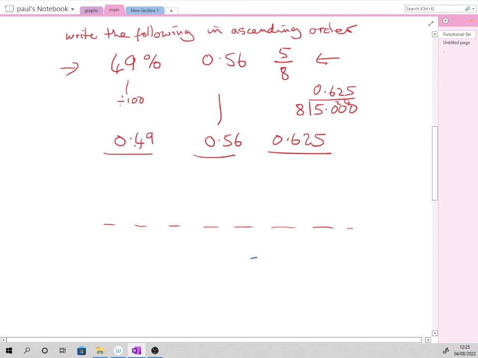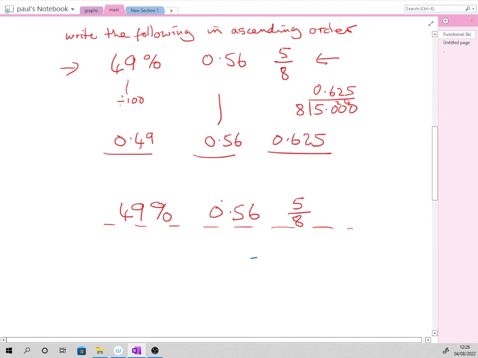So the smallest here is this one, 0.49, which is 49%. The next one is this one, 0.56. And the next one is this one, 5/8.